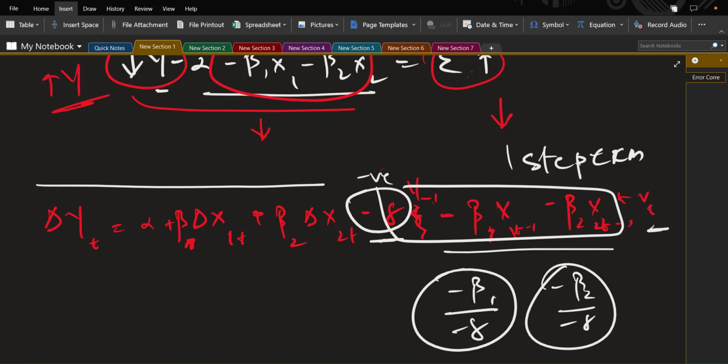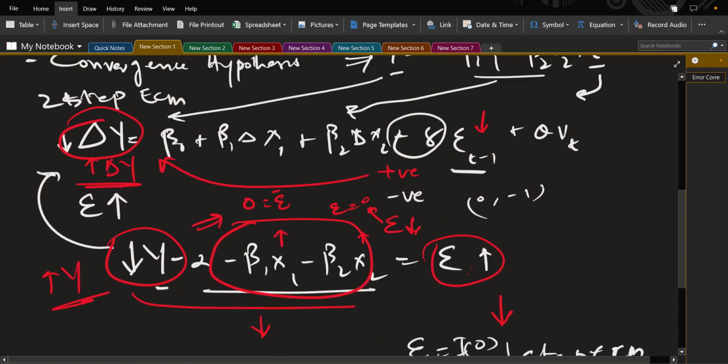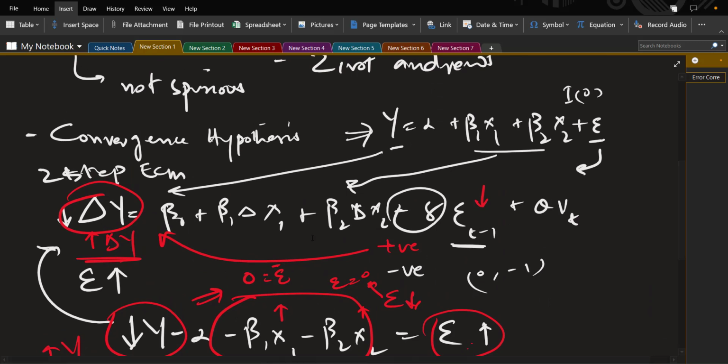So this set of variables is jointly becoming I0 in nature, and if they are I0, then the coefficient will become negative. So the error term is already I0 in nature. Although the equation has I0 variables, or if you go up to the two-step equation, this is I0, these are I0, and this is I0. So this is a valid equation.